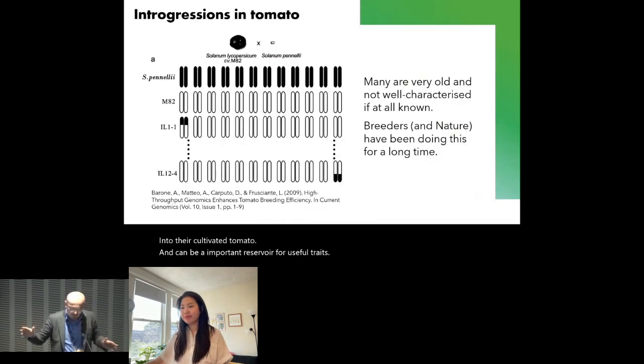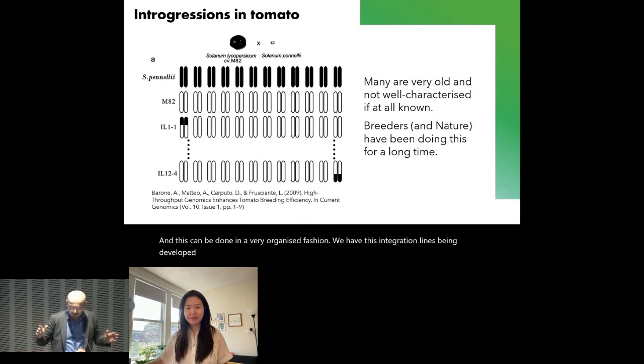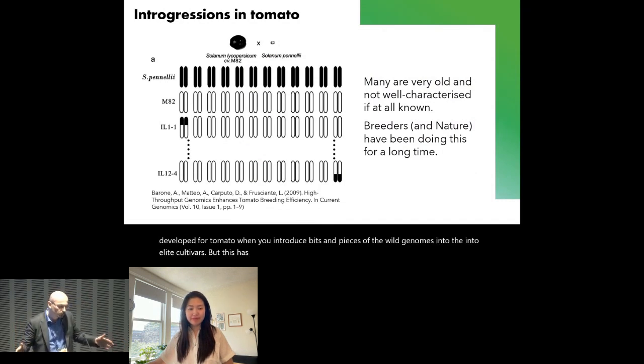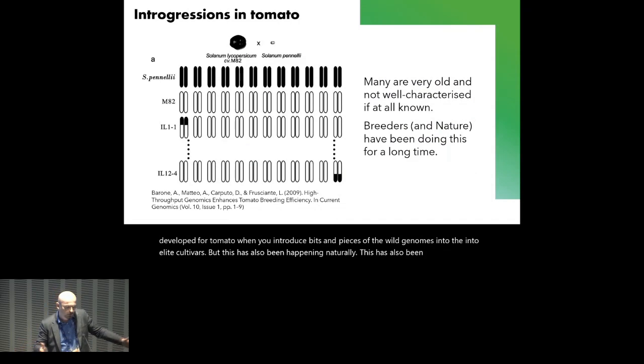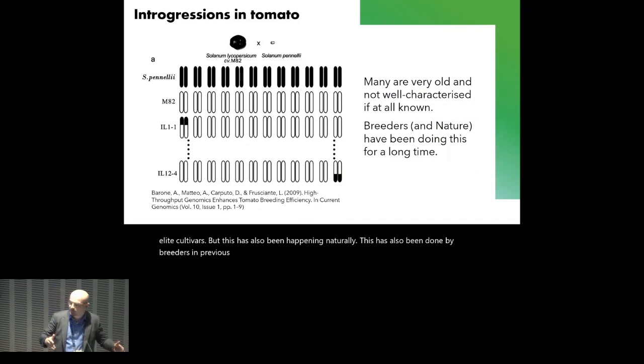And this can be done in a very organized fashion. We have these introgression lines being developed for tomato where you introduce bits and pieces of the wild genomes into elite cultivars. But this has also been happening naturally. This has also been done by breeders in previous decades, before we've had these ways to sequence and investigate sequences as we do now.